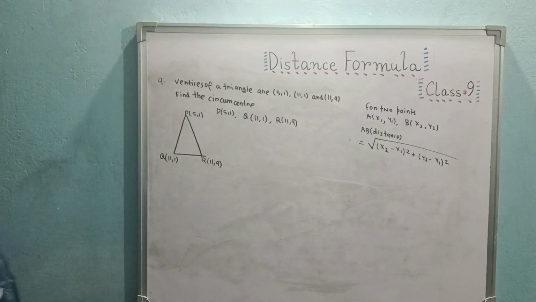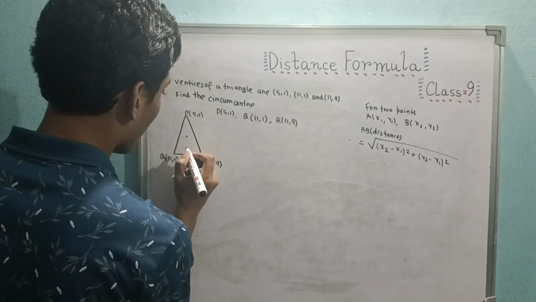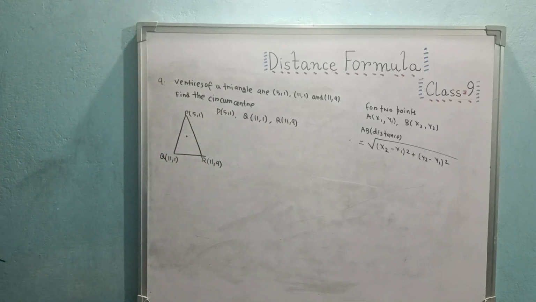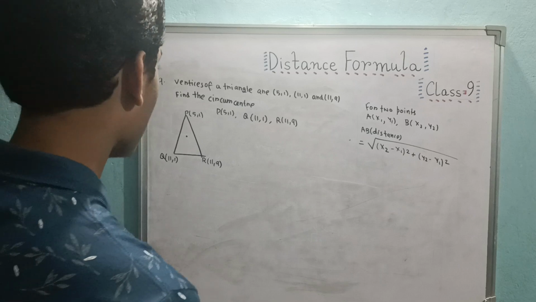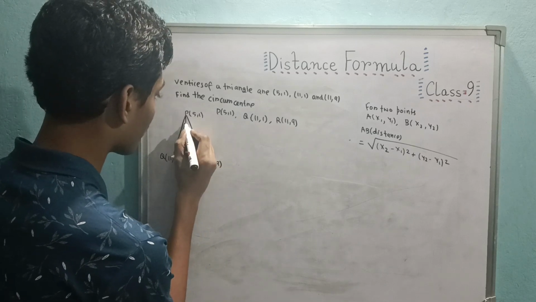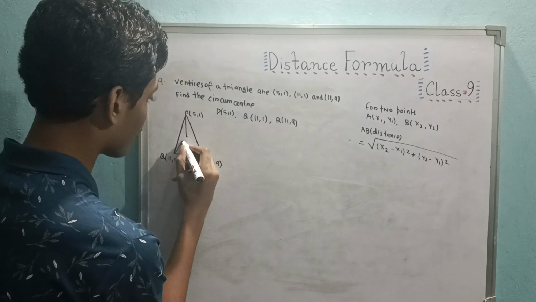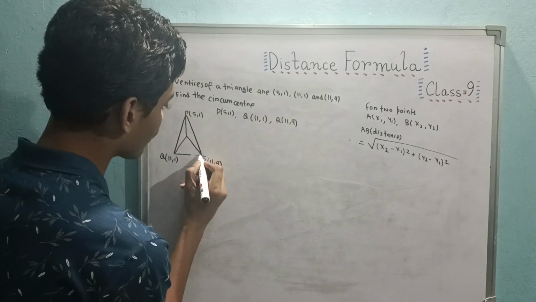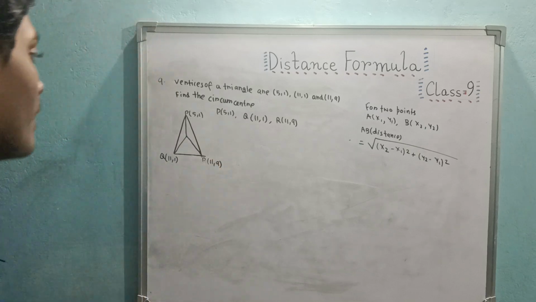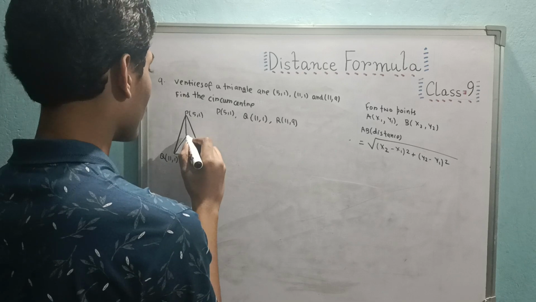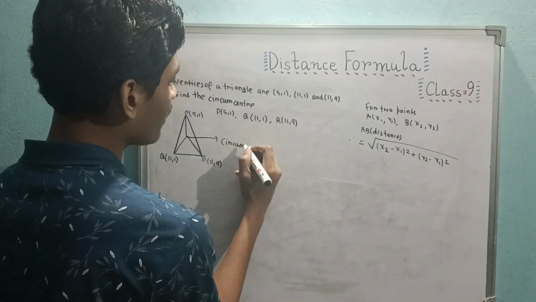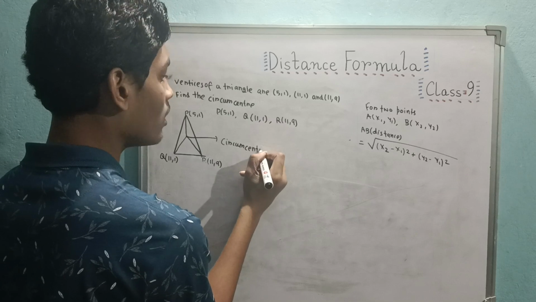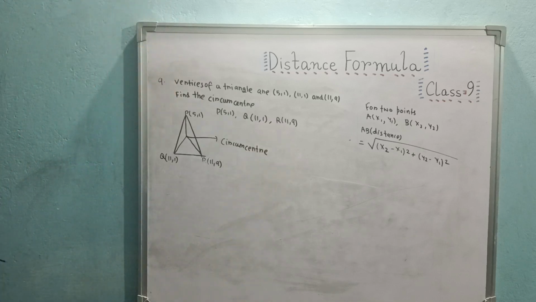So circumcenter is a point from which the points P, Q and R are equidistant. That means this distance and this distance, they will be same. So this dot is called the circumcenter. A point in a triangle from which all the vertices are equidistant is called a circumcenter.